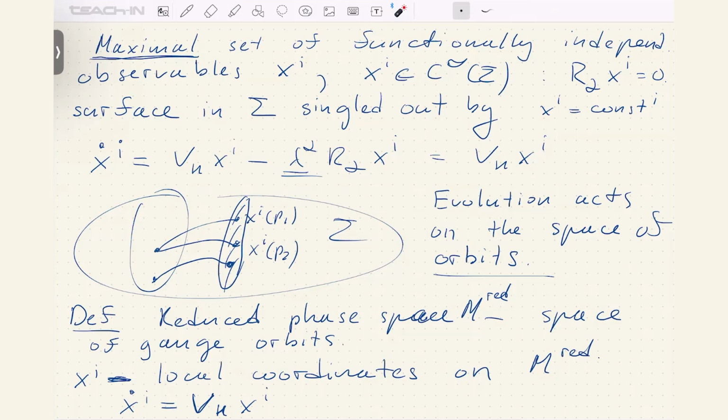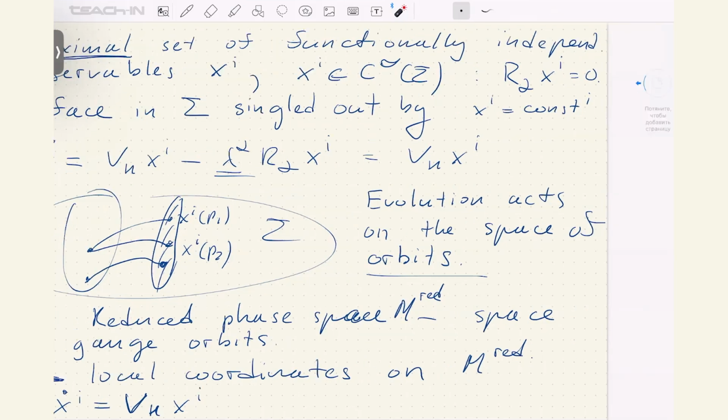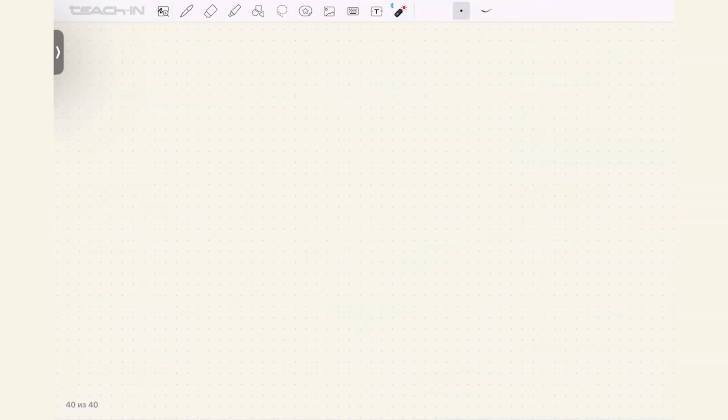phase space. So let me also explain how can we get a Poisson bracket on this reduced phase space. And the idea is very physical.